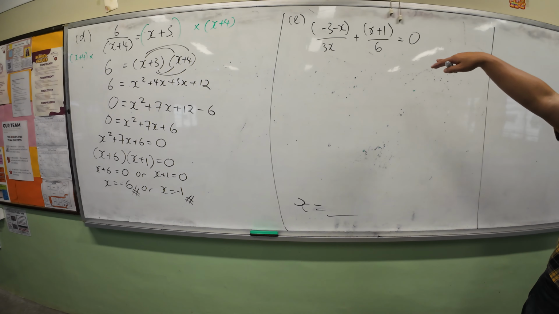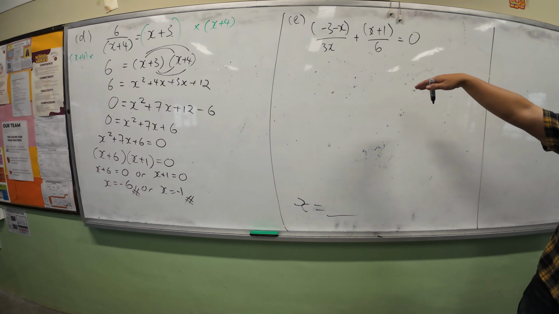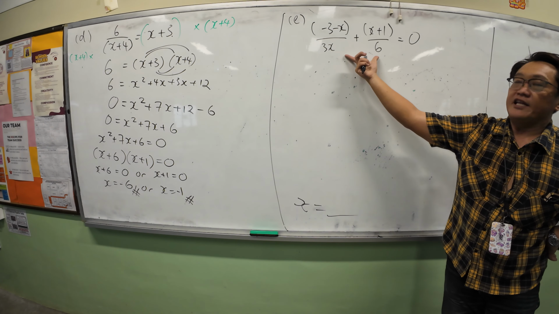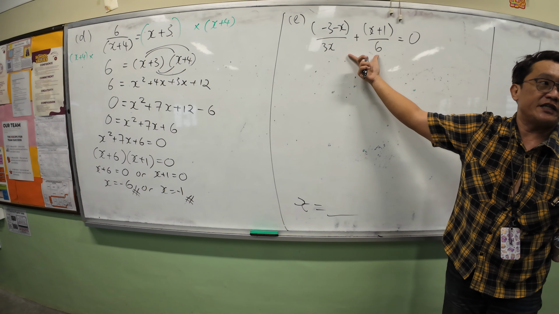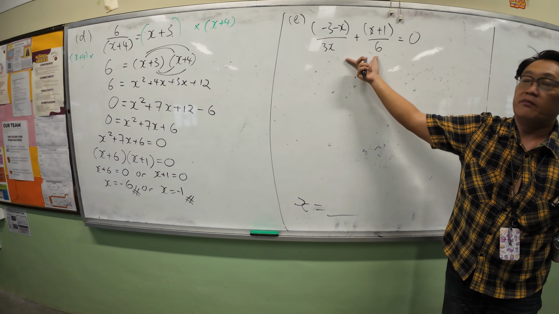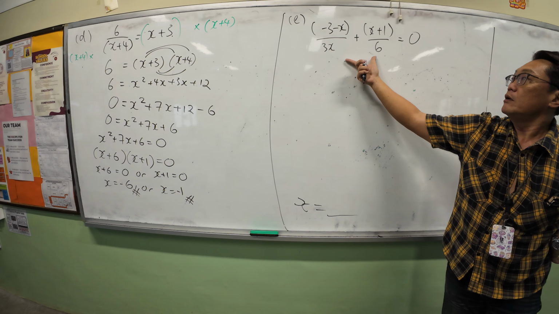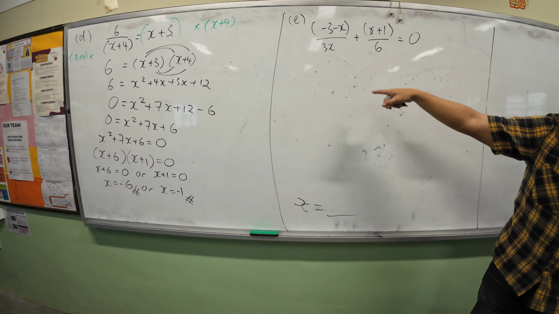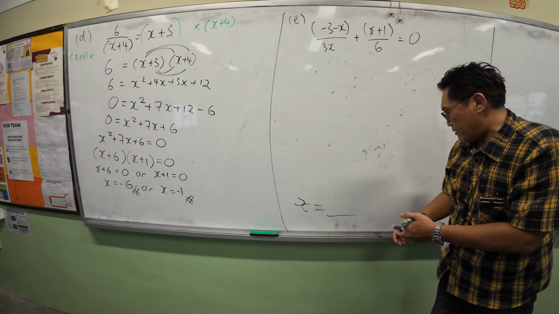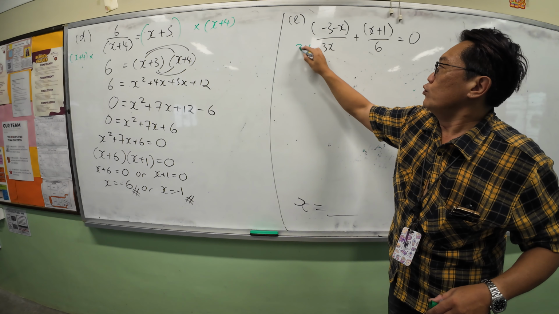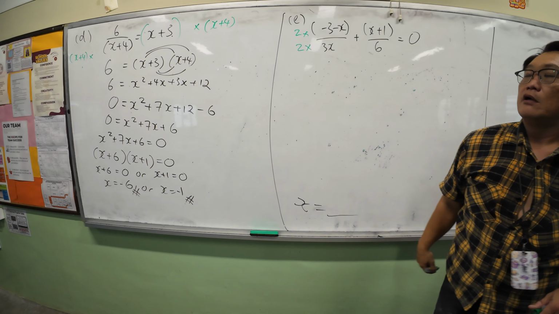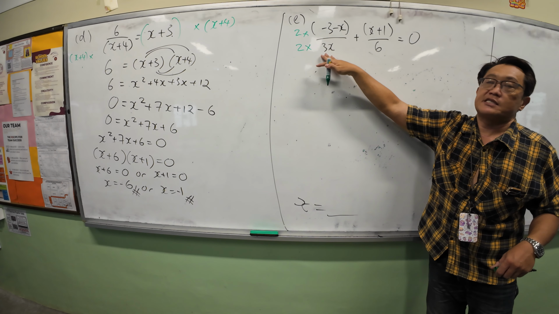One way is to add these two fractions together first. You all have learned how to add fractions. Make a common denominator, correct? So 3x and 6. If I multiply 3x by 2, I can make it become 6x.